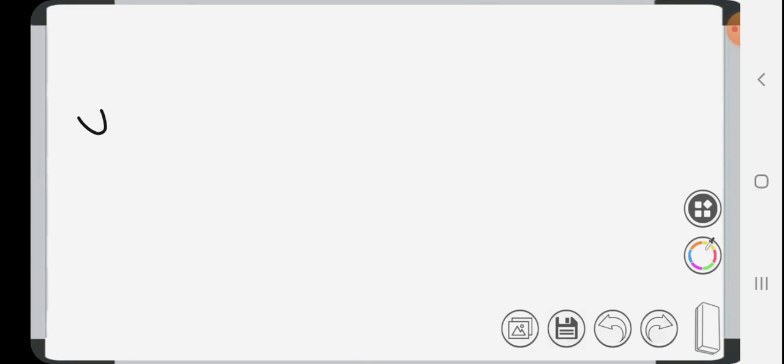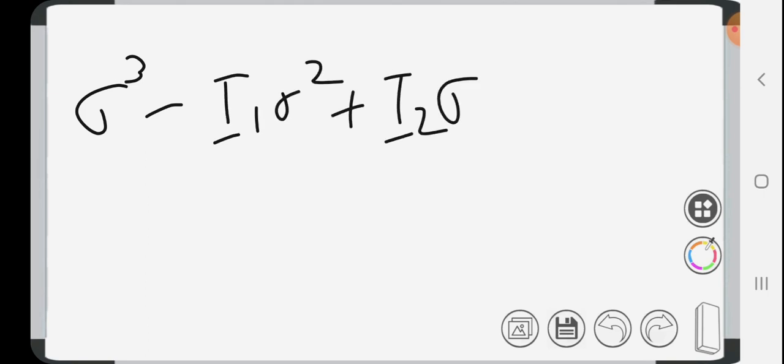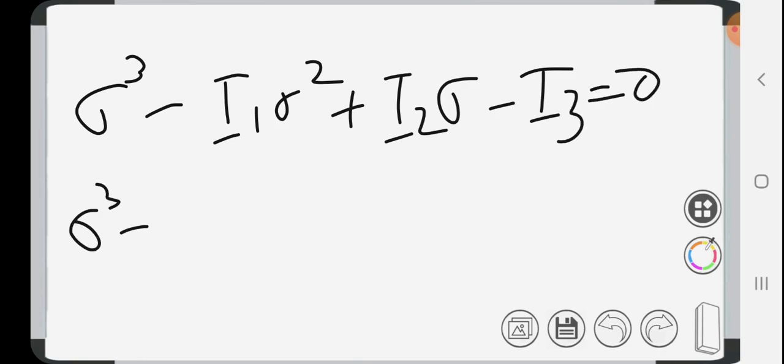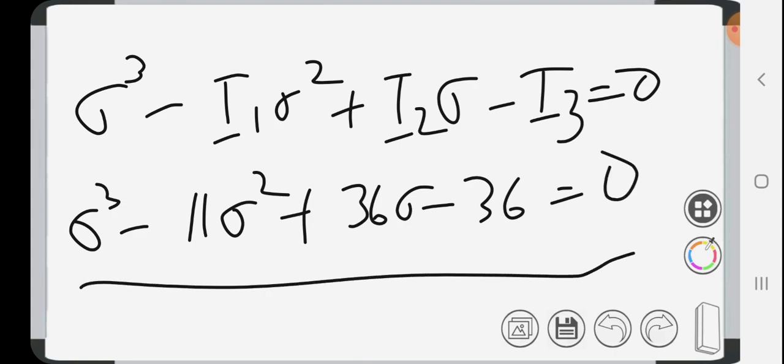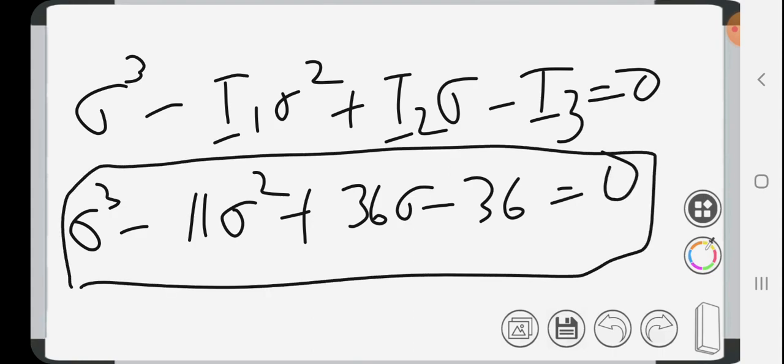So we know the characteristic equation takes the form sigma cubed minus I1 sigma squared plus I2 sigma minus I3 equal to 0. So here we have sigma cubed minus 11 sigma squared plus 36 sigma minus 36 equal to 0. So this is a cubic equation.